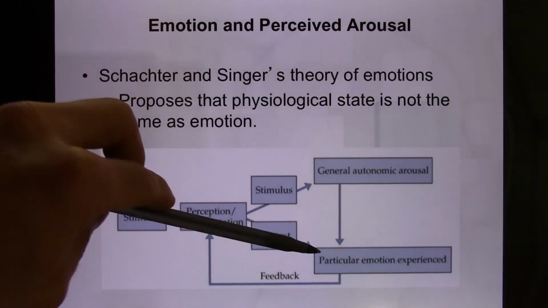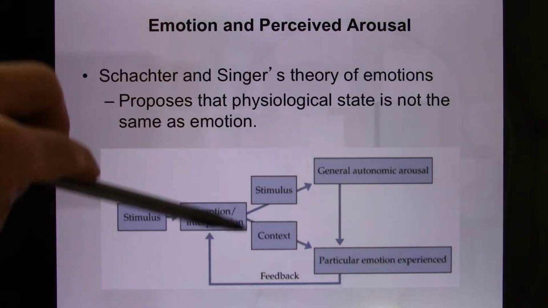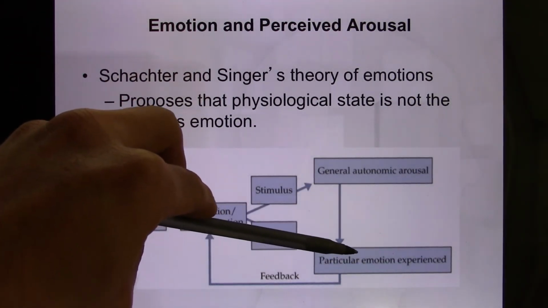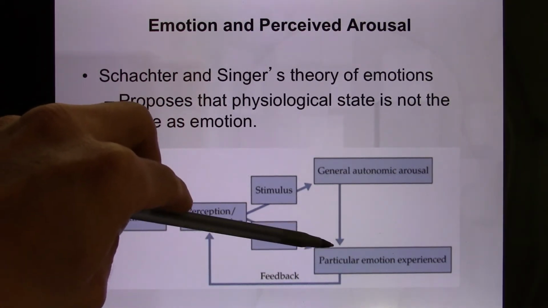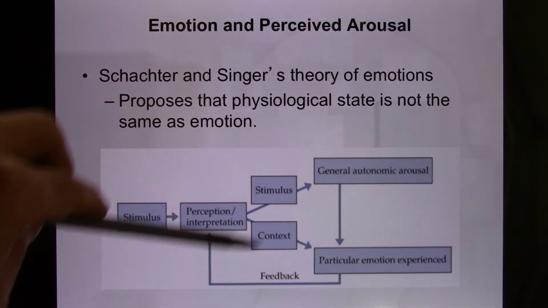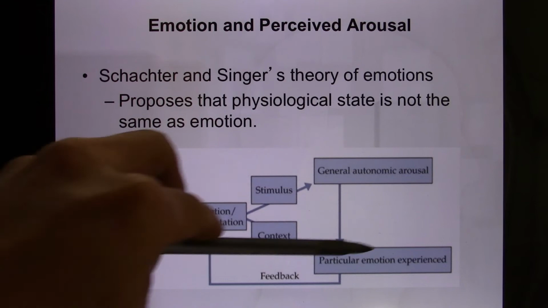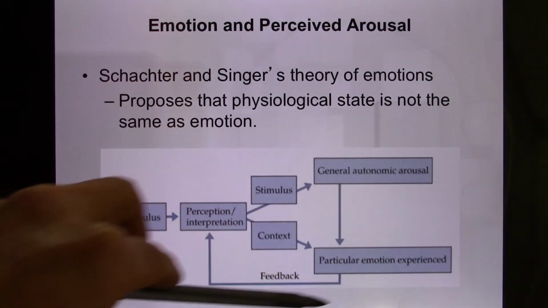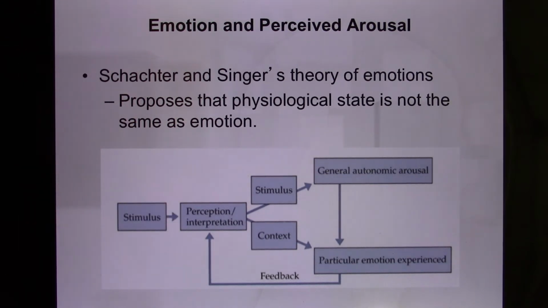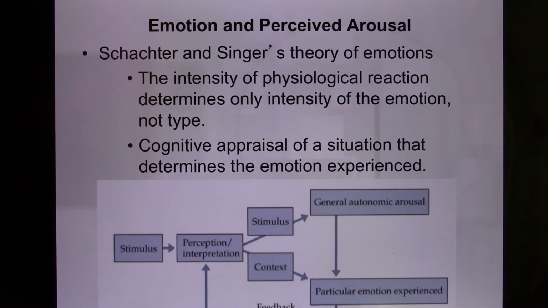But your emotion depends on this part, the context. Your heart rate increases that much because you see a bear coming towards you, or your heart rate increases that much because your girlfriend is hugging you. They're different. They will create different emotions. So this time, with the context, your brain is going to interpret the result, and it will decide what kind of emotion it is.